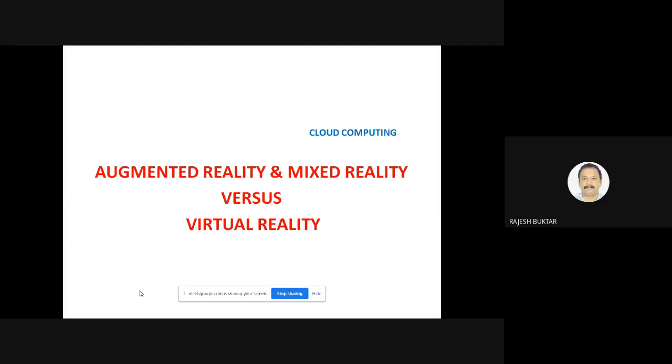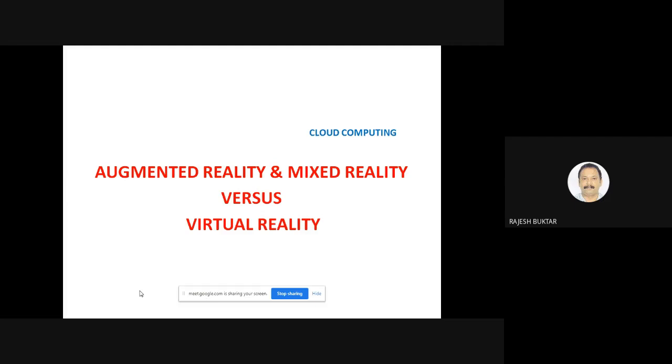So with the emergence of Jupyter technology, lightweight standards, and connecting the lightweight standards with the cloud, came the emergence of augmented reality, because the data is now on the cloud, not on your desktop.